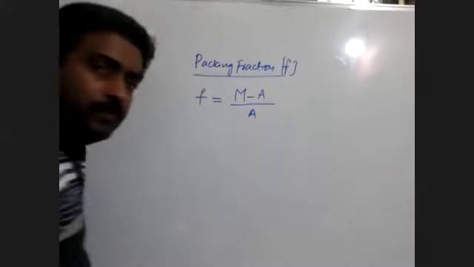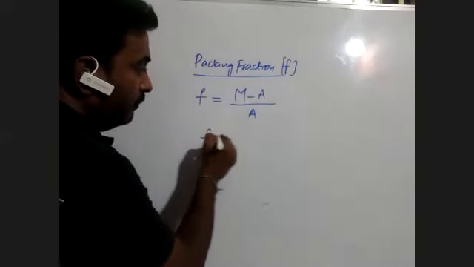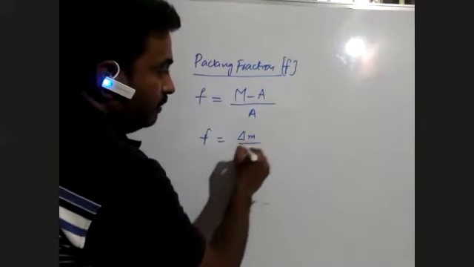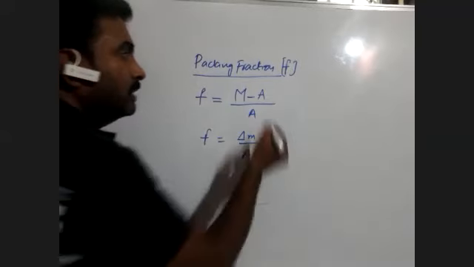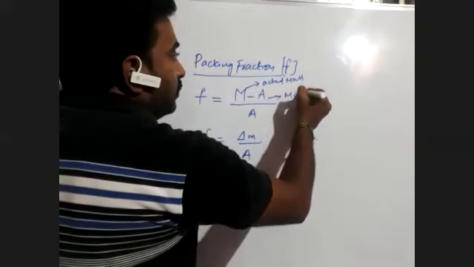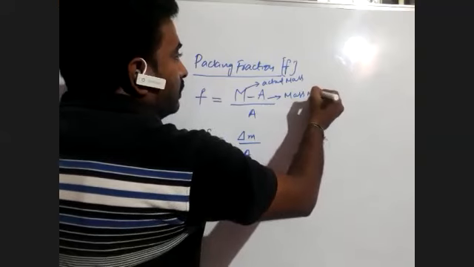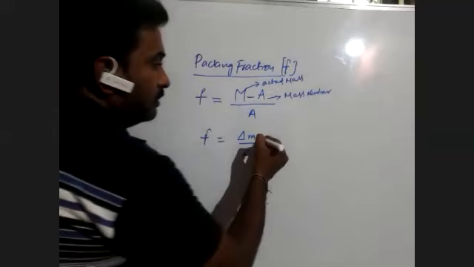This is the packing fraction. In the other way, you can also write F is equal to delta M by A, mass defect divided by mass number. What is M? Actual mass. This is mass number. This is mass defect.